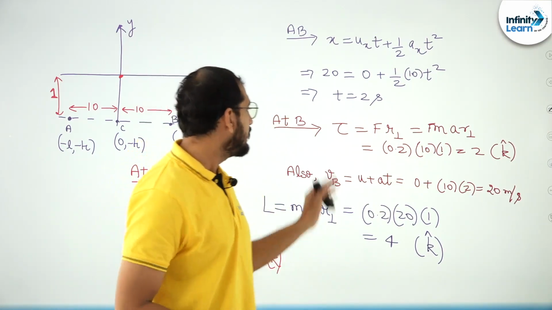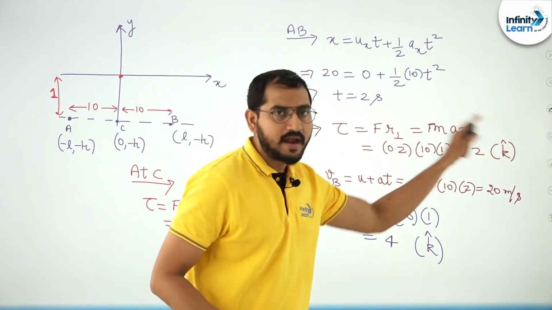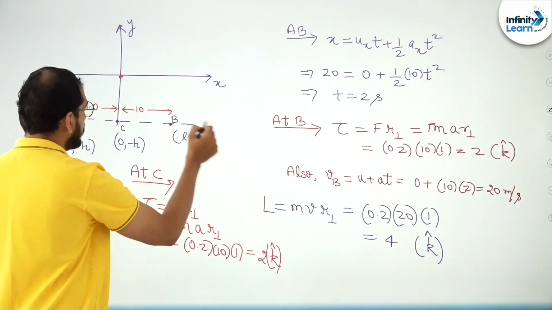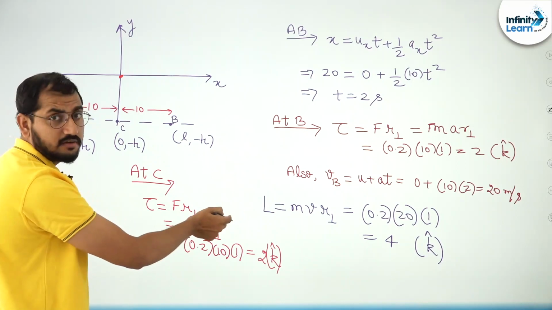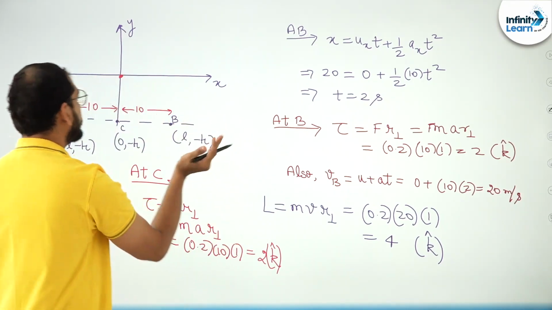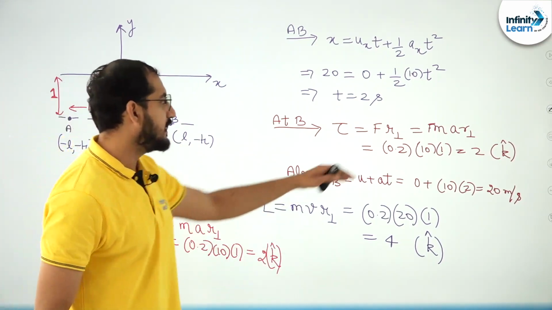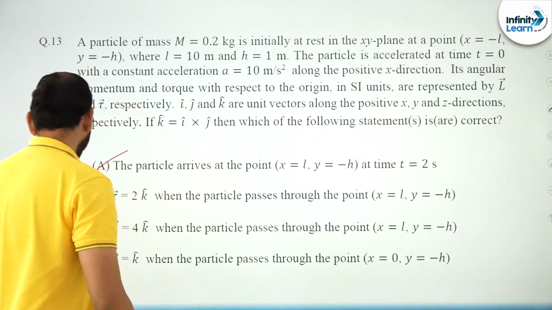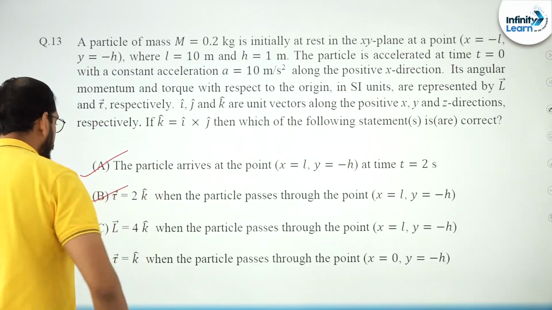Plugging in all the values, we get the torque as 2, and the direction, if I need to check, right? So this is the direction of force, this is the direction of the position vector. If I do r cross F, it's coming out of the screen. Out of the screen is the Z direction, so k cap will be its direction. Okay, so 2 k cap is the correct one.